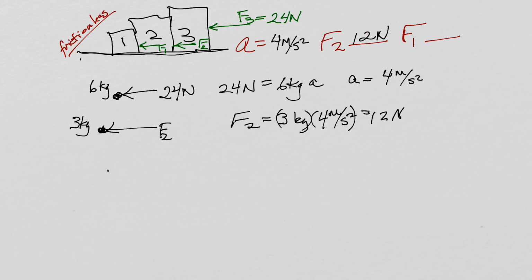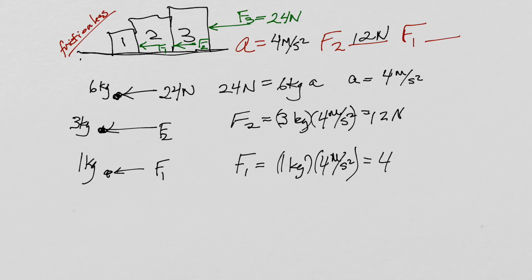Lastly, I have the leftmost mass, which is 1 kilogram. I have a push called F1. So again, F1 equals 1 kilogram times 4 meters per second squared. And that equals 4 newtons. All right, so does this make sense?